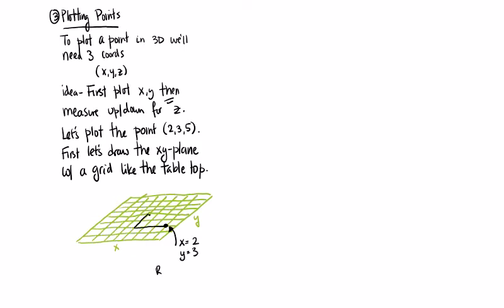So really, if I imagined a z-axis, it would be 2, 3, 0. So for 2, 3, 5, we need to go up 5. Now this is where it can be a bit weird, I don't want to say confusing, but maybe confusing is the right word.